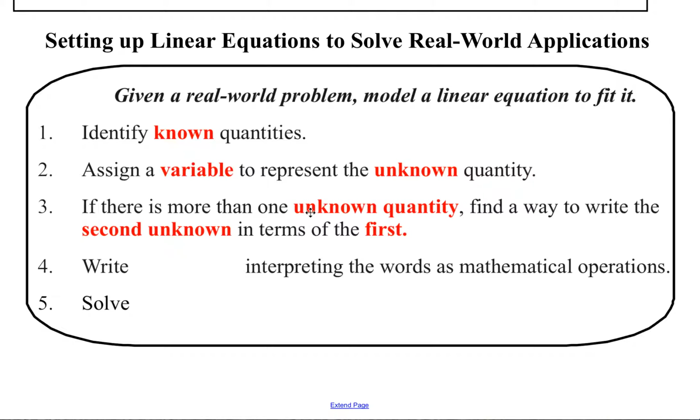If you have more than one unknown, then you want to be able to write the second unknown in terms of the first, so that you're only solving for one thing. And then we're going to go ahead and write an equation where we change the words from English into mathematical terms or into algebra, and then we're going to go ahead and solve the equation.